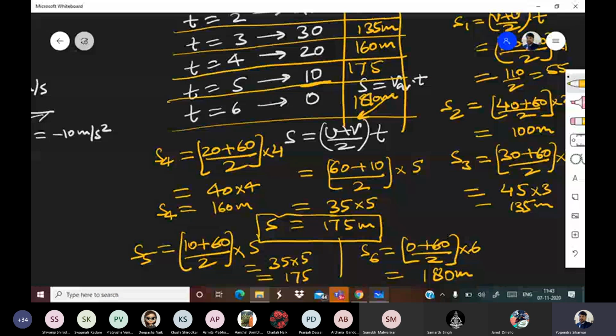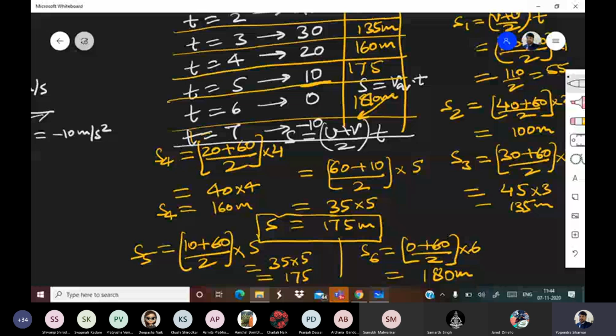So let me show you for t equal to 7 seconds. At t equal to 7, velocity will be minus 10.